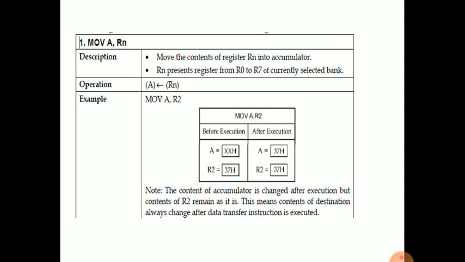After execution, the R2 contents will remain the same, but the destination, the accumulator register, is copied from the source register. So the contents of the accumulator will become 37H in this example.